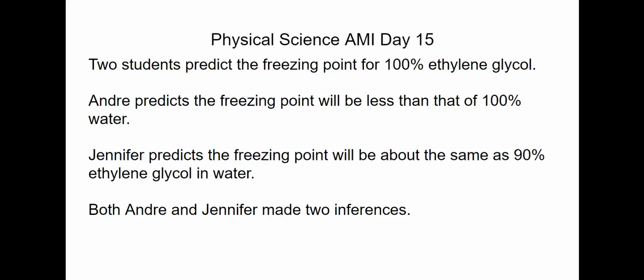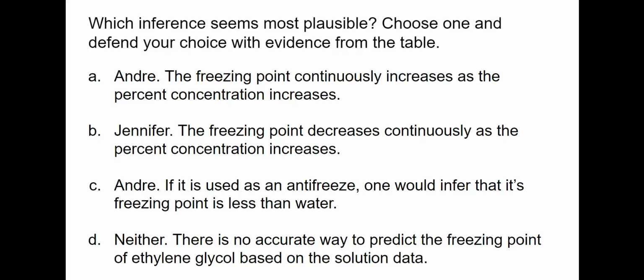Andre predicts the freezing point will be less than that of 100% water. Jennifer predicts the freezing point will be about the same as 90% ethylene glycol in water. Both Andre and Jennifer made two inferences. Which inference seems most plausible?